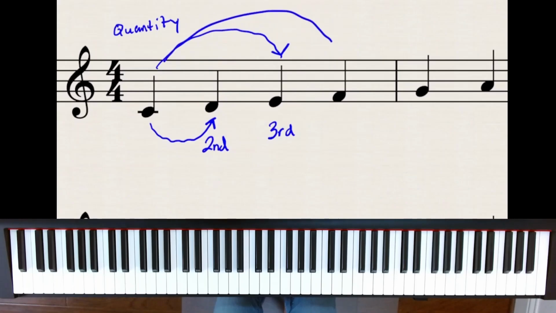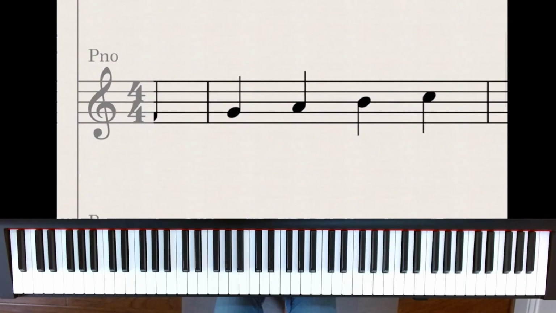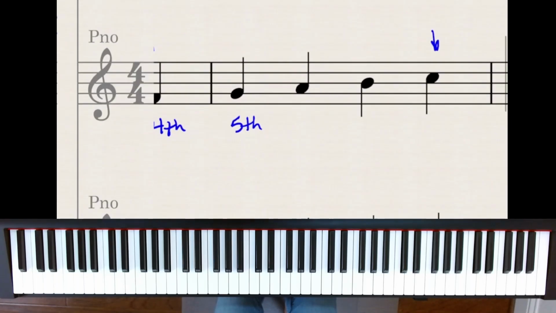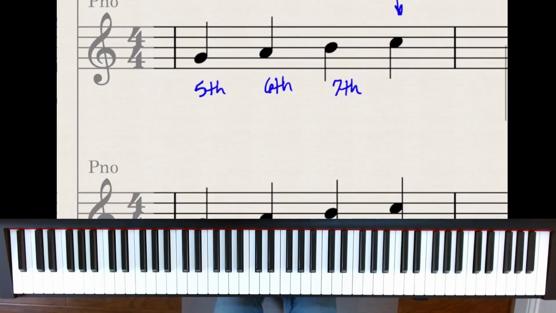Okay, and this process keeps going all the way until you get to the last C. So if I go and fill these in, this one's a fourth from C to F, a fifth from C to G, sixth, seventh, and when we get to the last note, there is a space of 8 keys in between. So it's going to be 1, 2, 3, 4, 5, 6, 7, 8. Okay? So that is called an octave.